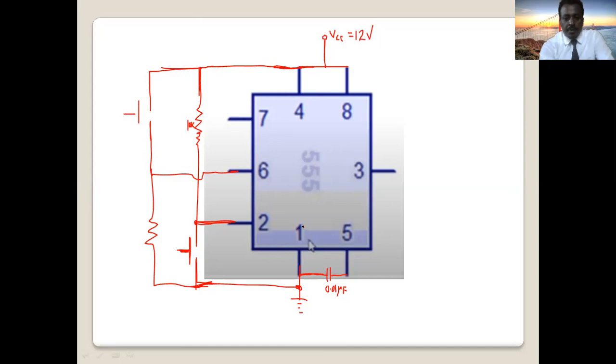Pin number 1 is ground. Pin number 8 is battery, 12 volts. How many inputs now? One input here, another input here. This input is connected to pin number 2, which is trigger. This switch is connected to another input, 6, threshold input. You see how simple it is?